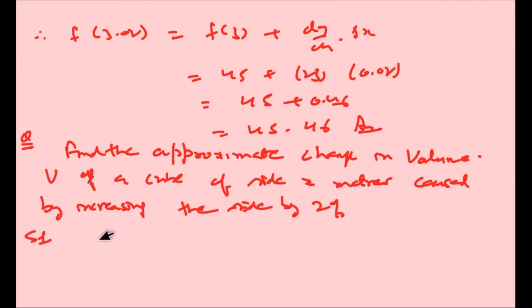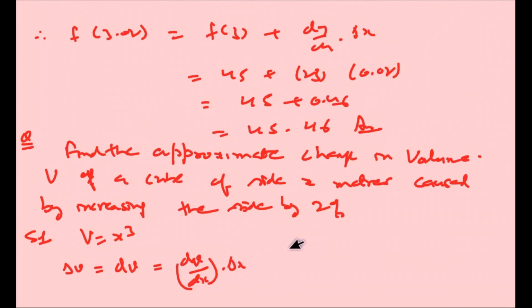So we know that the volume of a cube is V equals x cube, and we have to find the change in volume, delta V, that is dV equals dV by dx into delta x.